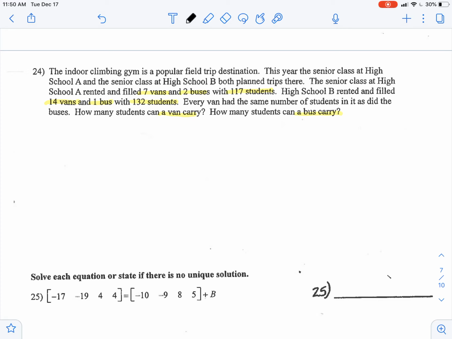Now again, remember our work that we have to do. First, we're going to identify our variables. Okay, so what do x and y stand for? Then we're going to write our equations.